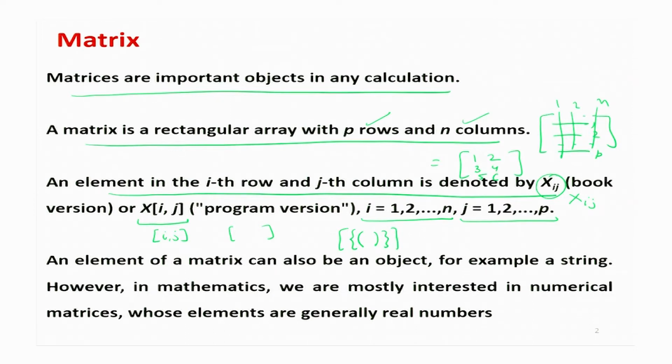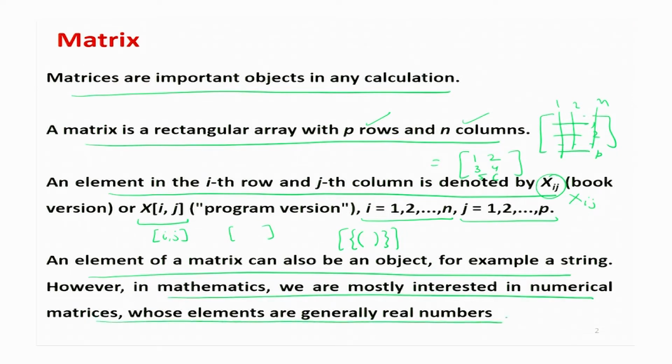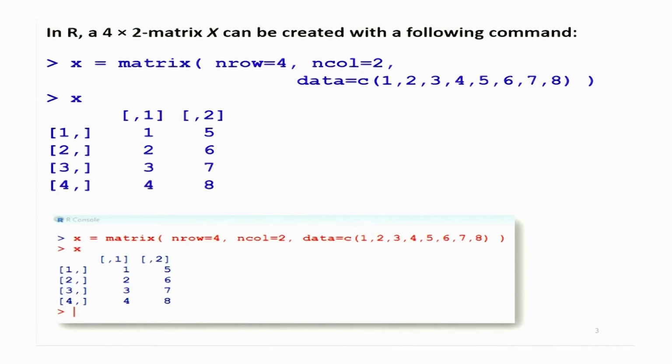This is the first place where I can show you that the square bracket has a different role than in mathematical operations. In a broader way, the element of a matrix can be an object, for example, a string also. But in mathematics, we are mostly interested in matrices which have numerical values, some real numbers.